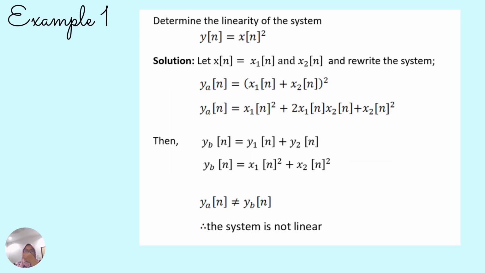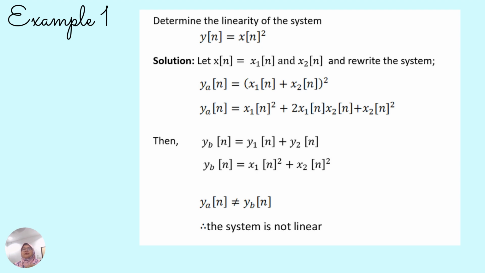If we look at the example here, we need to determine whether xn to the power of 2 is linear or not. So what you need to do is substitute xn with x1n and x2n. Okay, so you need to use two inputs to verify whether a system is linear or not.